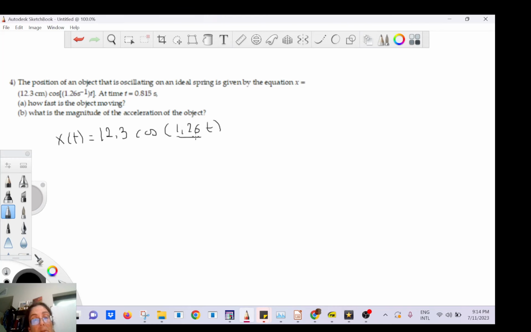So that's going to be your omega. So omega equals 1.26 rad. Rad does not count as a unit, that's why you just see here s to the minus 1.